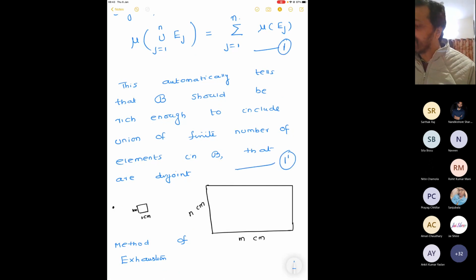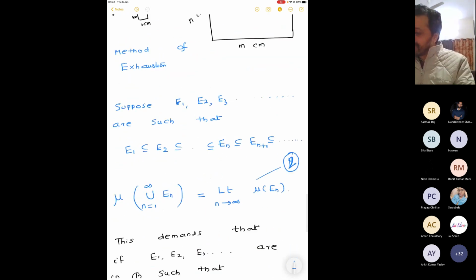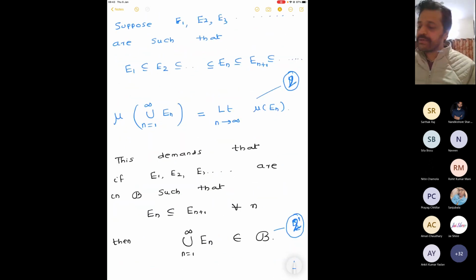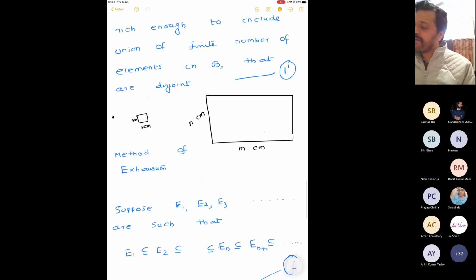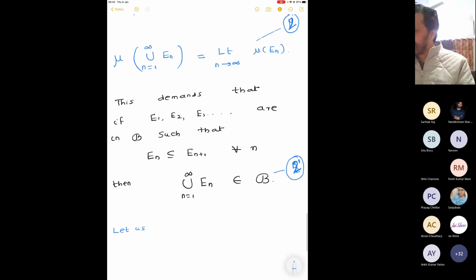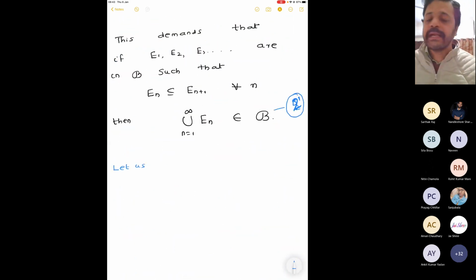So 1 gives you a condition on mu, 2 gives you another condition on mu. Parallelly, 1 dash gives you a condition on B: B should be closed under unions, disjoint unions. And 2 dash gives you a condition on B. So 1 and 2 are conditions on mu, and 1 dash and 2 dash are conditions on B.